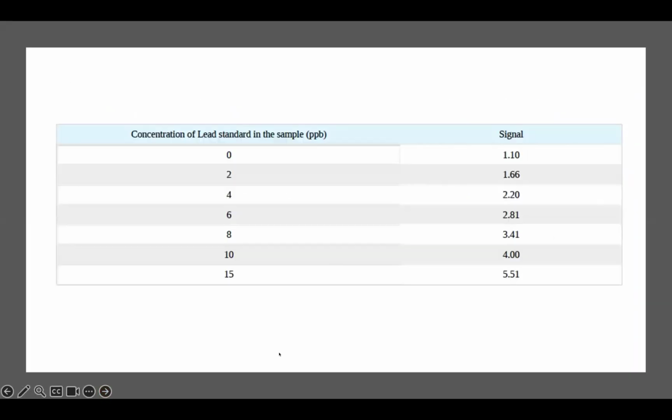So look at the examples. That's why you see, even though the concentration of lead standard in the sample is 0, there is a signal for baseline probably.